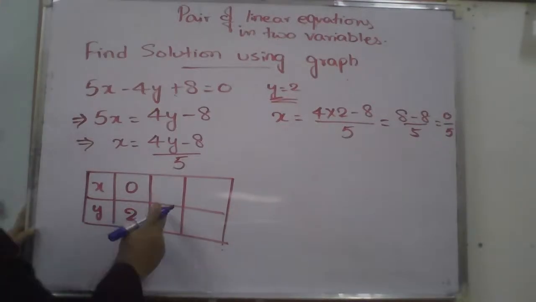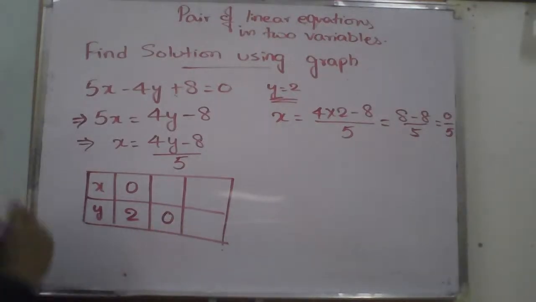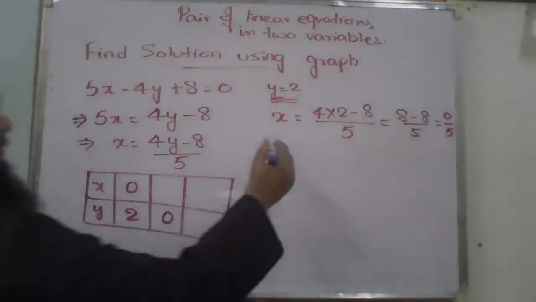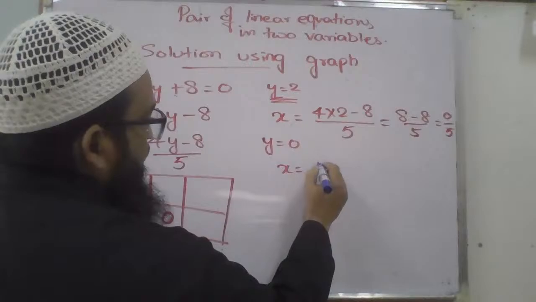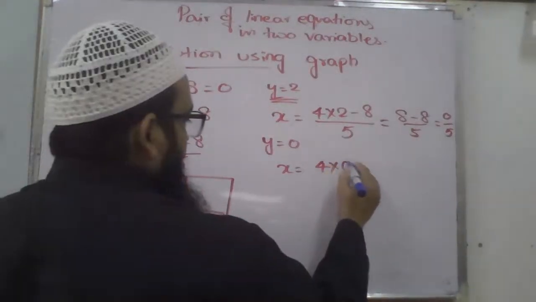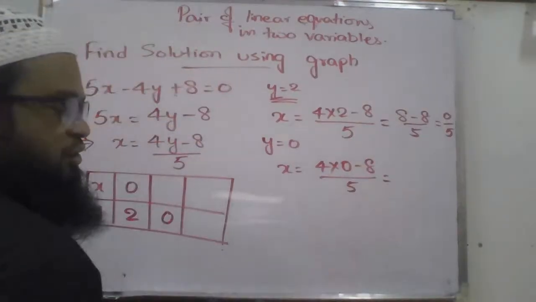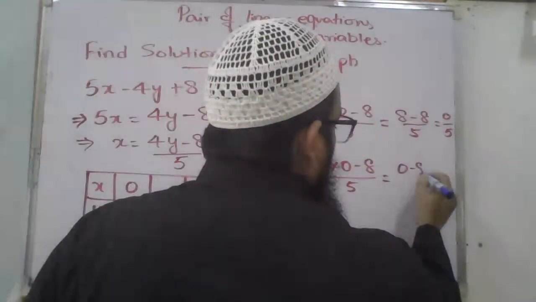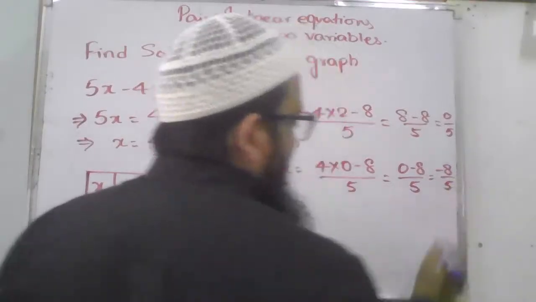Now let us take y is equal to 0. So for y is equal to 0, what happens? x is equal to 4 times 0 minus 8 divided by 5. So 4 times 0 is 0, 0 minus 8 divided by 5 is minus 8 divided by 5.